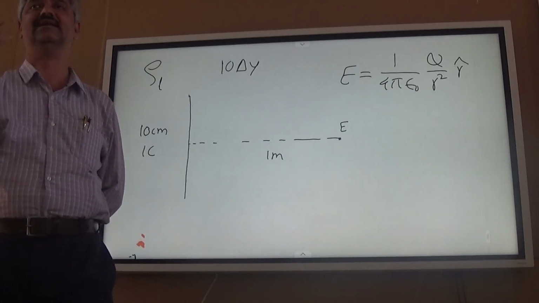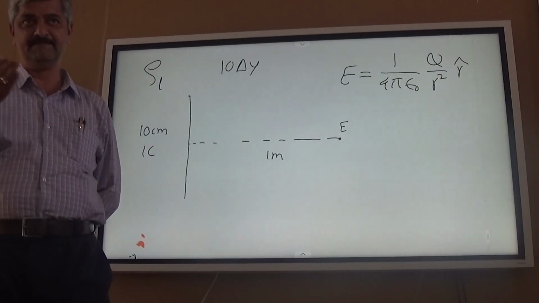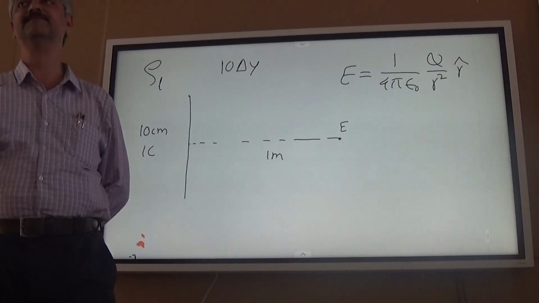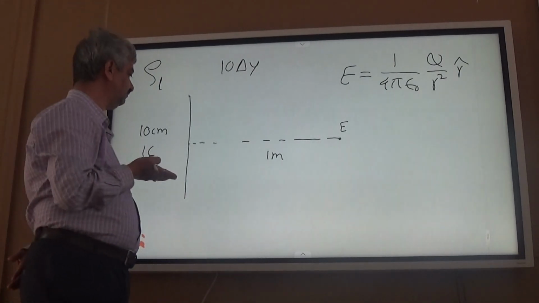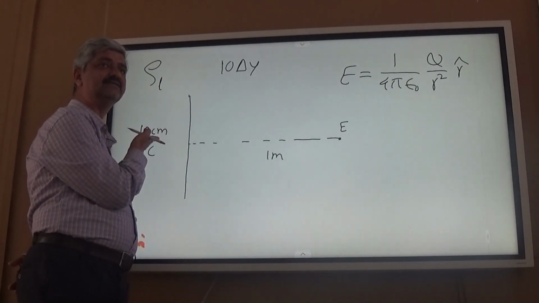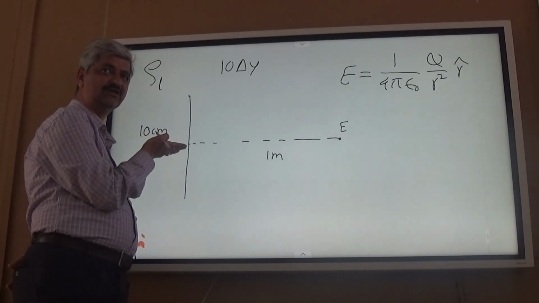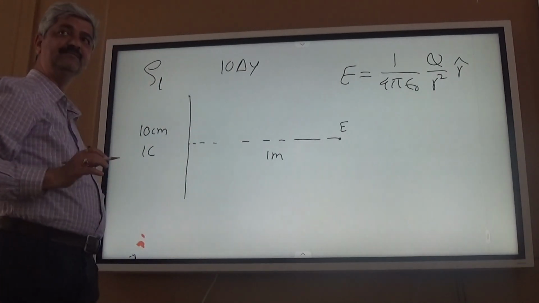So how many segments of 1 millimeter length will there be? Each centimeter is 10 millimeters, so 100 segments will be there, 50 on the upper side, 50 on the lower side, right?